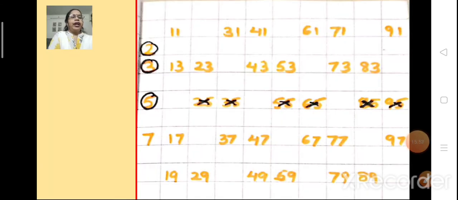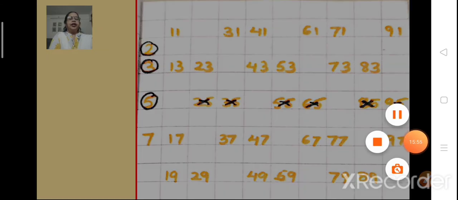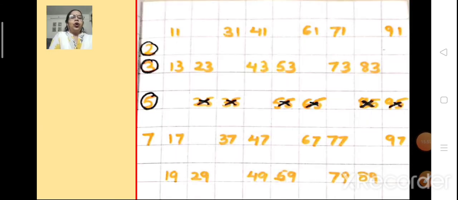That is 25, 35, 55, 65, 85 and 95. 5 is a prime number, whereas all these multiples of 5 are composite numbers.